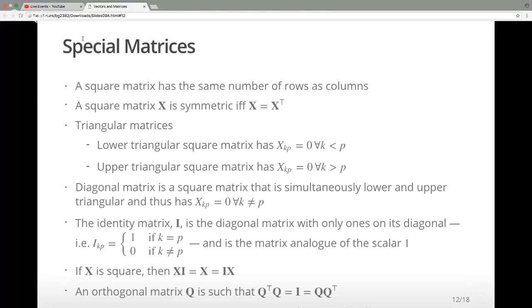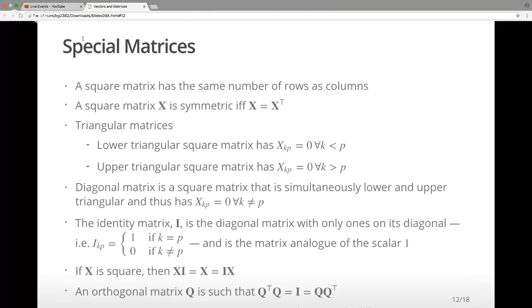The identity matrix is special and called the identity matrix because if X is square, or even if it's not, as long as it's conformable for multiplication with the identity matrix, X times I is equal to X. And that's what makes the identity matrix the identity matrix. That's what makes it analogous to the scalar number 1. And also I times X is equal to X if I and X are conformable for multiplication the other way.